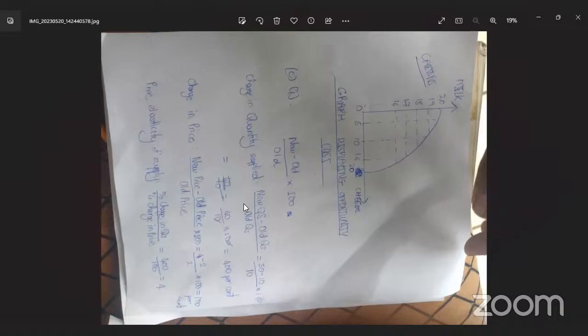We first find the percentage change in quantity supplied, which is the new quantity minus the old quantity, all divided by the old quantity, multiplied by 100. When we tabulate that, we get 400%.